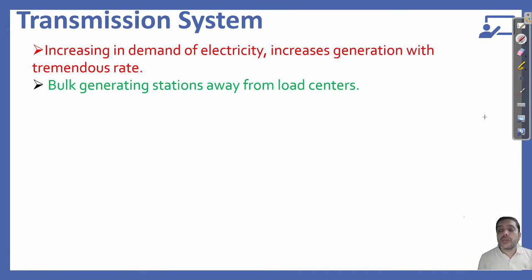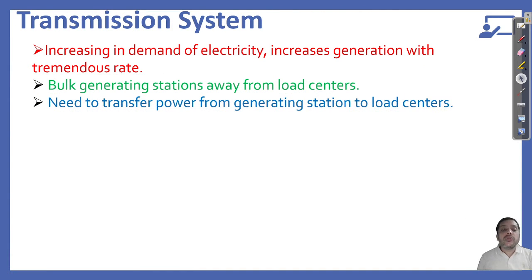We have a super thermal power station at Chandrapur, and maximum power utilization is happening in the western side of Maharashtra, that is Pune, Mumbai, Nashik, in this area. Then this bulk amount of power must be transferred from the generating station to the load center, so how we will transfer that power, that is the main challenge.